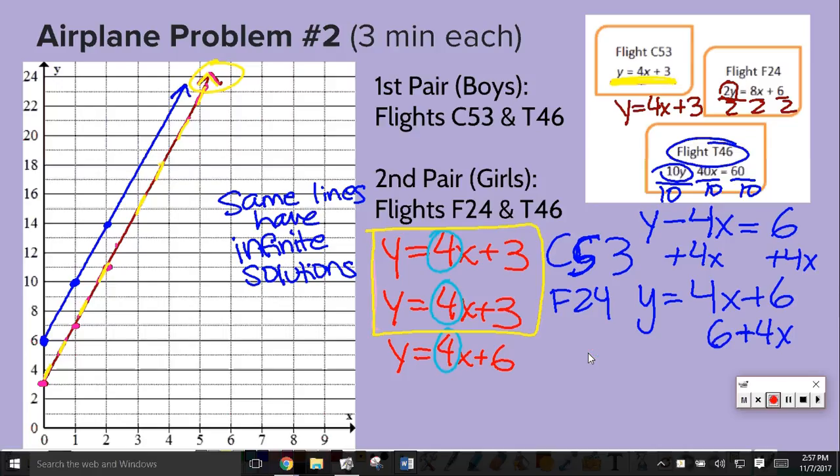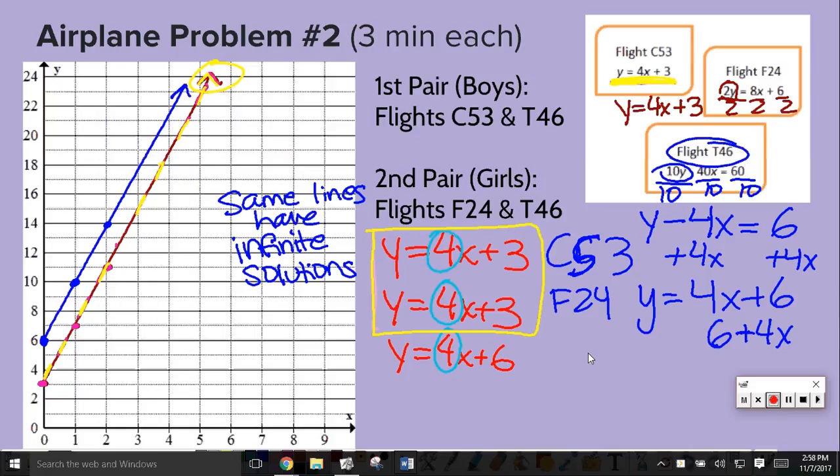The blue and the red. The blue and the red, right? How many times do these two lines cross? Never? They will? Potentially they could cross? If we went all the way up, would they ever cross?